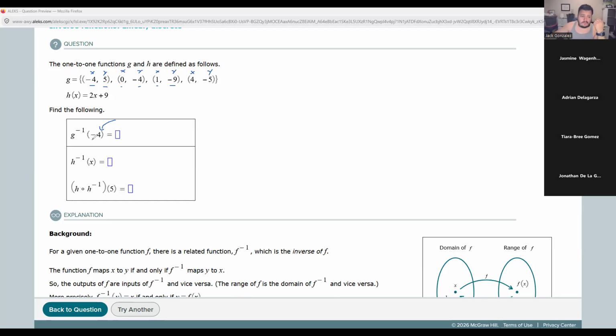So if this is your y value, it would give you the corresponding x. So the answer would be 0, because G of 0 is -4. So the inverse G of -4 would take you back to 0 because it undoes what G did. You see what I'm saying? Is that clear?